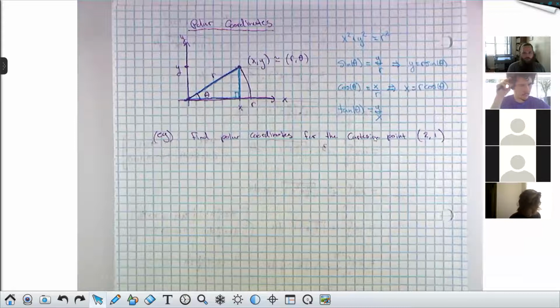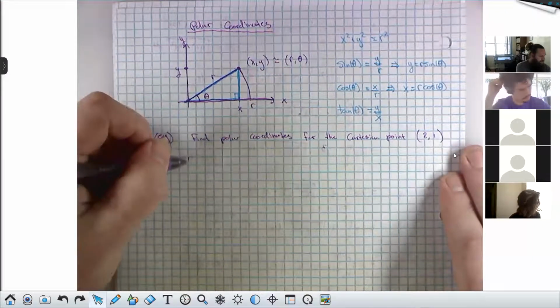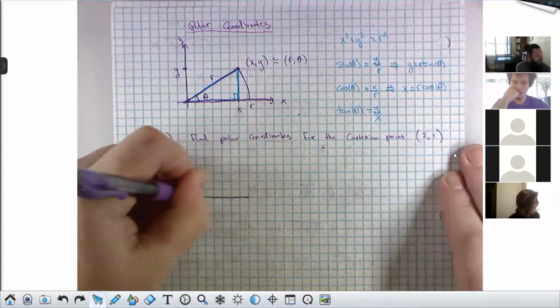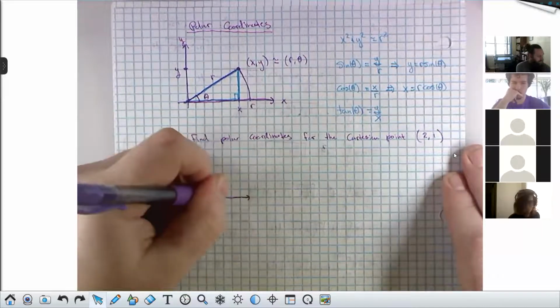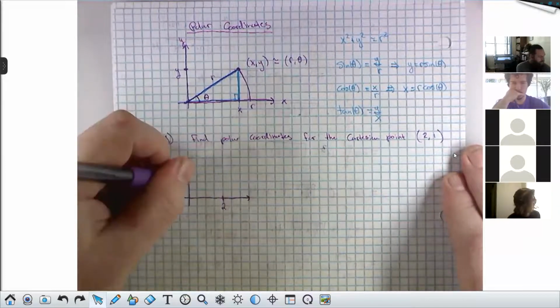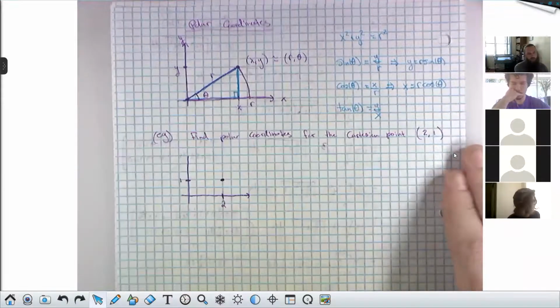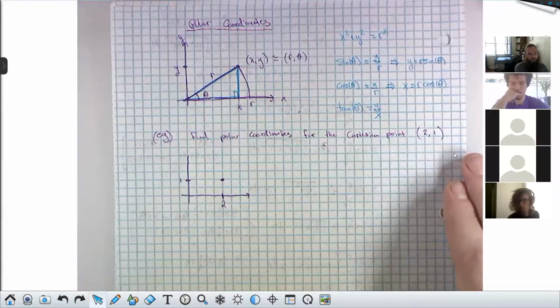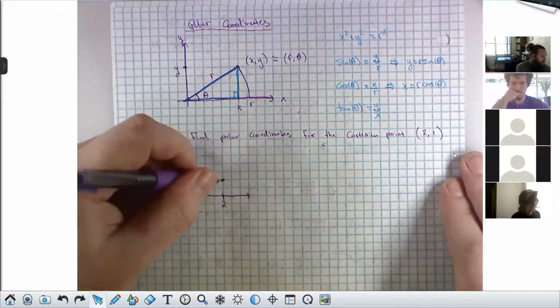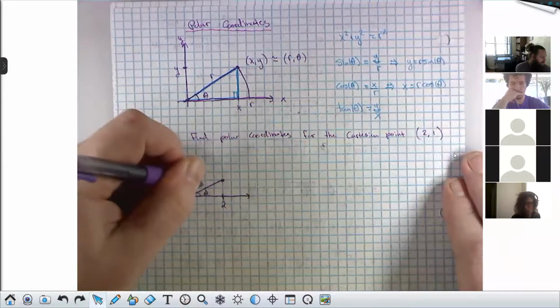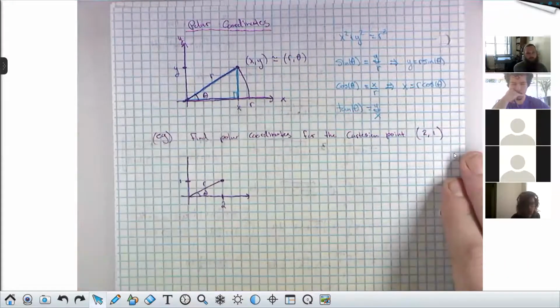So let's see if we can find the polar coordinates for this Cartesian point. I'm going to redraw the picture down here. I'll call this 2, and I'll call this 1. So my Cartesian point is right here. I need to find r and theta. Theta is this angle, r is this distance.